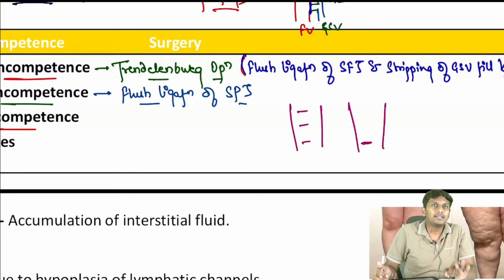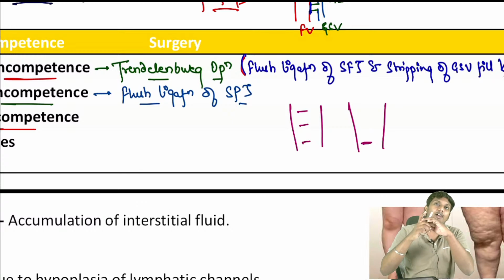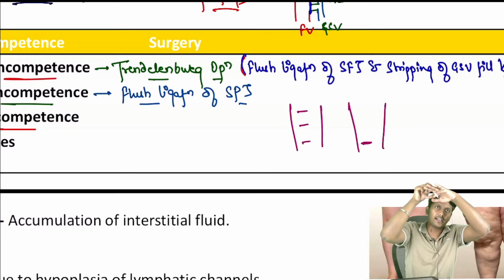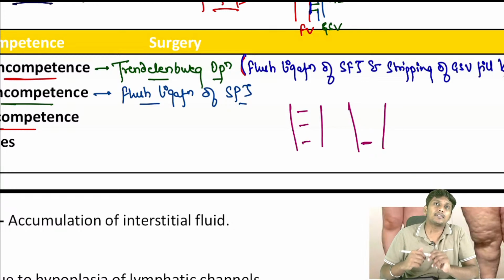So usually in this surgery, I only make a single incision and I insert an endoscope with the help of which I can ligate multiple perforators. This is a preferred surgery for perforator incompetence.